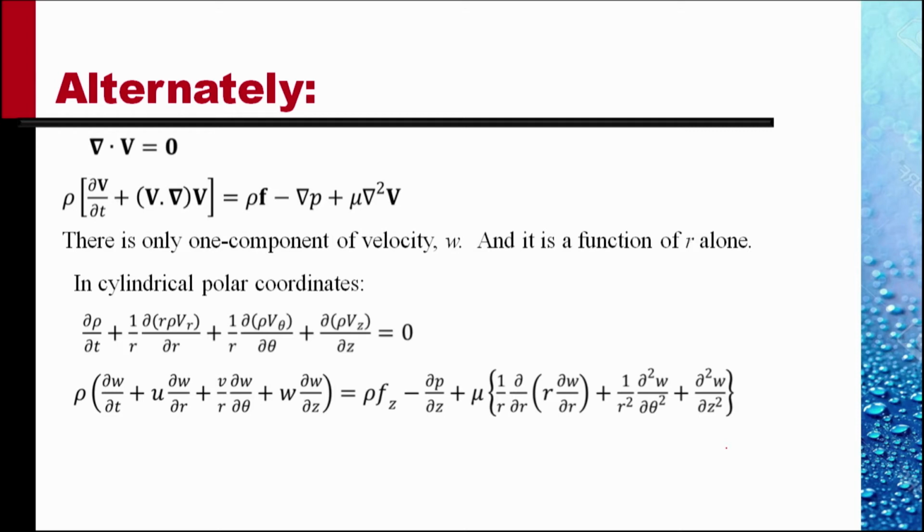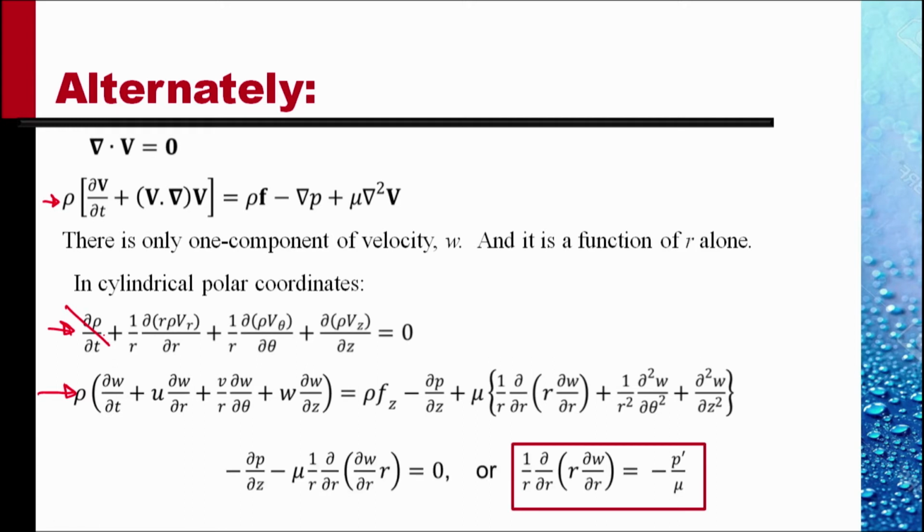So, the second equation here is the Z component of the Navier-Stokes equation in the cylindrical polar coordinates. This is the continuity equation, and with the fact that Vz is a function only of R and there is no Vr and V theta, and the flow is steady, this equation is automatically satisfied.